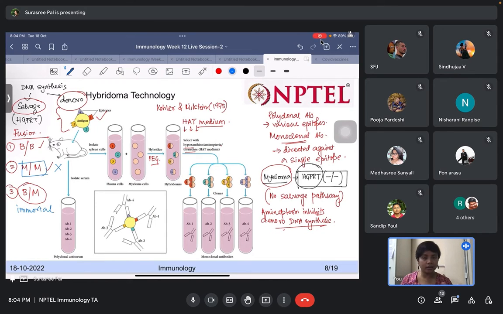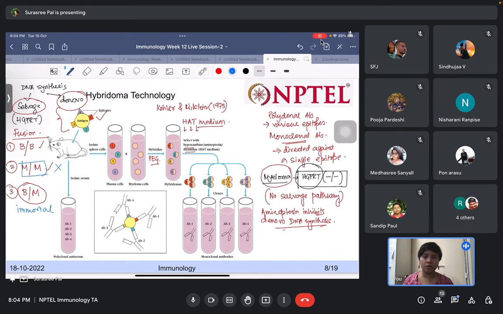It can divide continuously, and because of the B cell, it will produce a particular monoclonal antibody against the particular epitope of this antigen, and also in large quantities, which will be required for our future purposes, right?